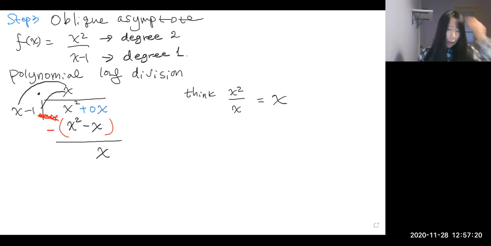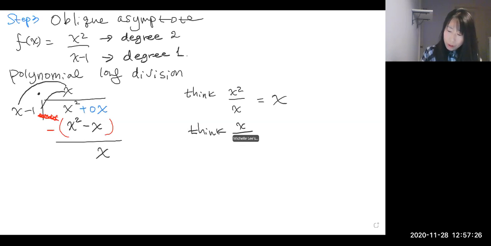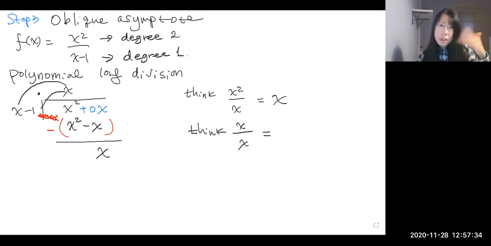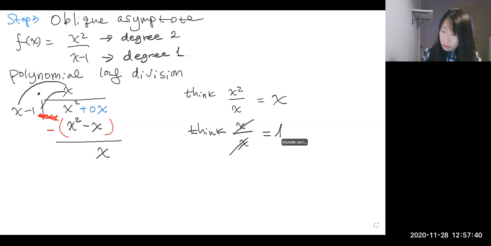All right, so then think x over x, right? We keep doing this until we get 1 degree less than the denominator. Then we get 1, right? So we're going to make a +1.